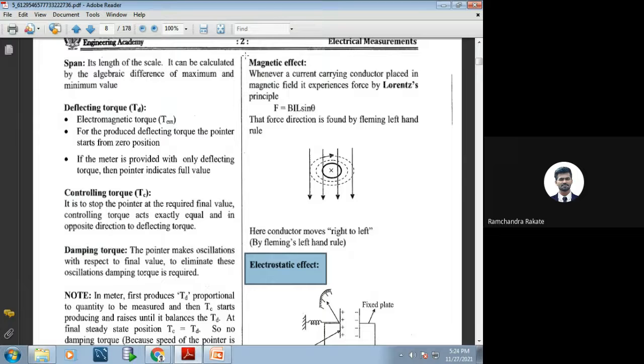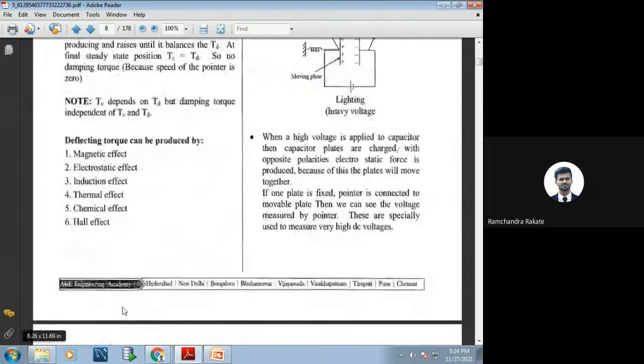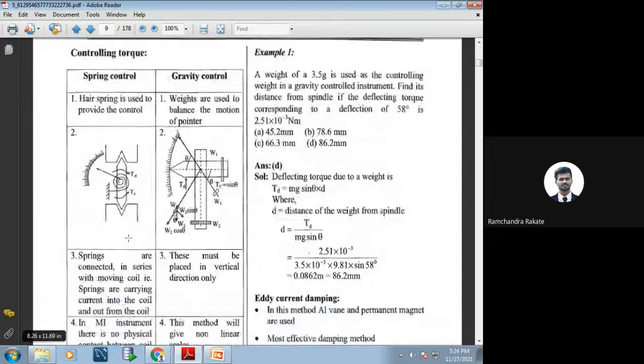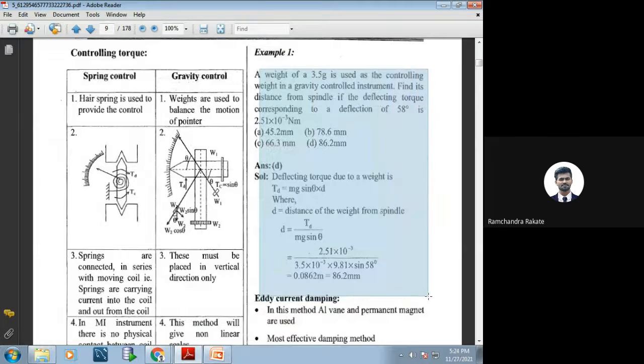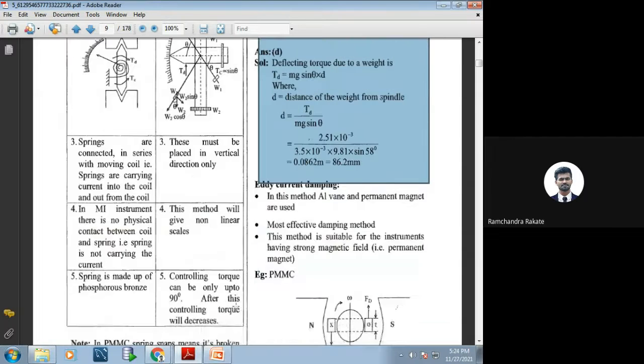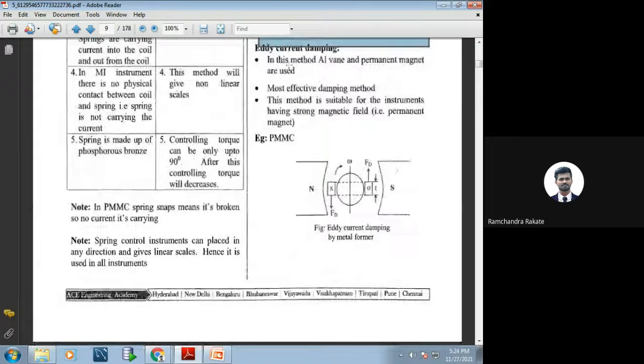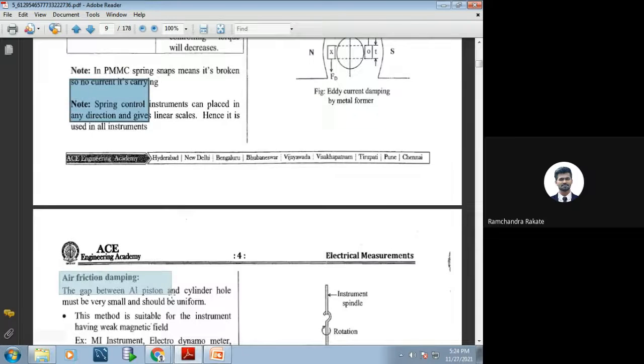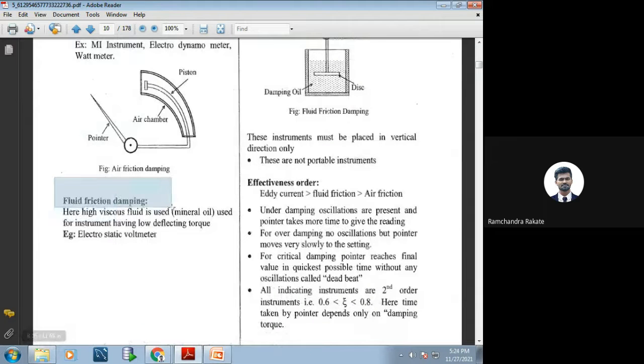We also solved some numericals based on spring control and gravity control. Then we looked at friction damping: eddy current damping, air friction damping, and fluid friction damping. The key point is the effectiveness order: eddy current is always more effective than fluid friction, and that is more effective than air friction.